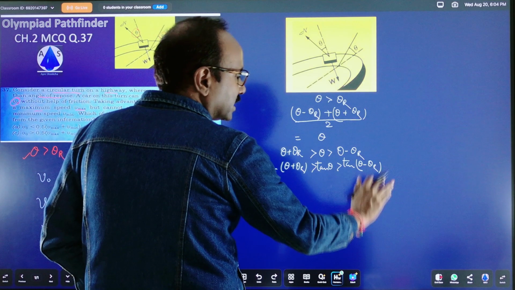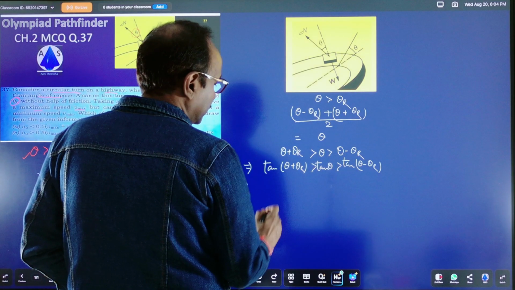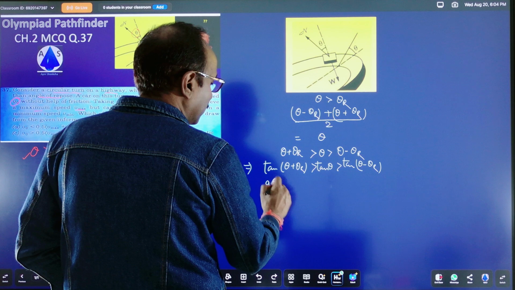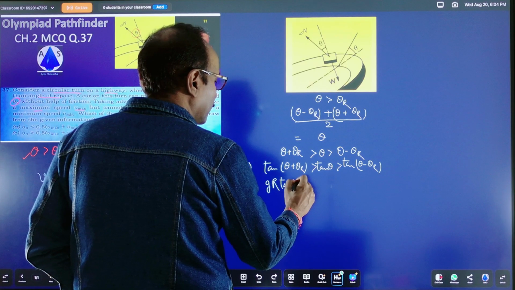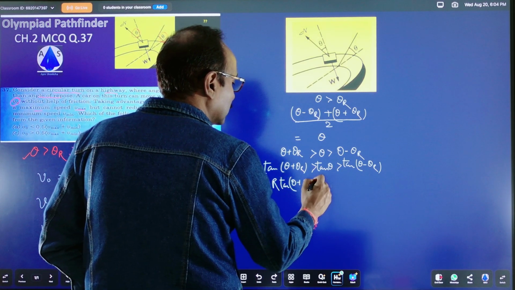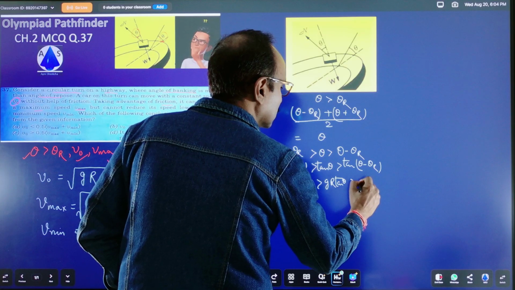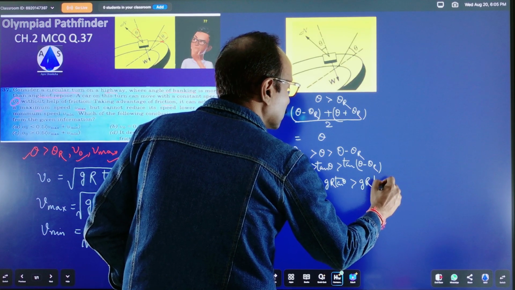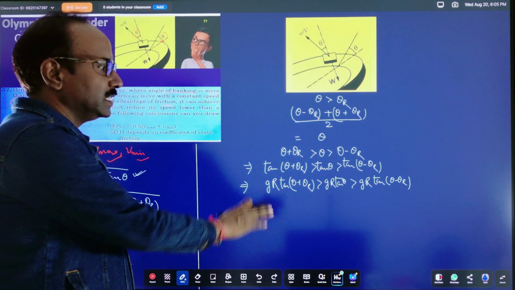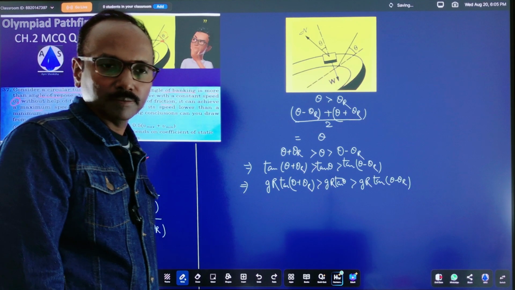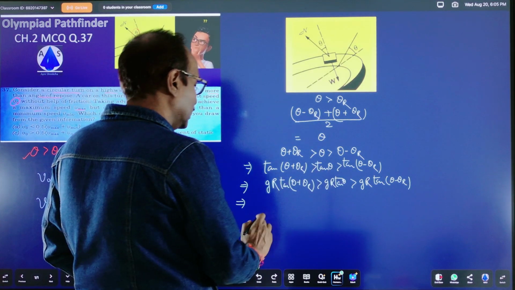So the relation will still hold if we multiply all three terms with a positive constant, that is g r. The relationship will still hold. Then we take the square root of all these three terms.